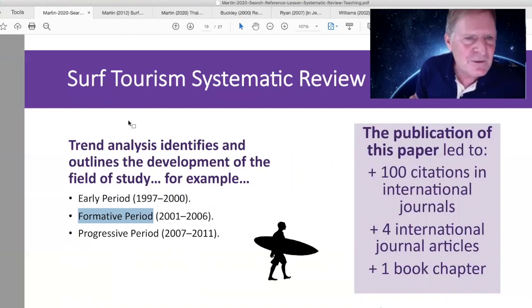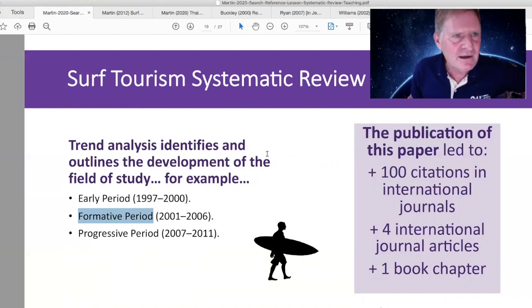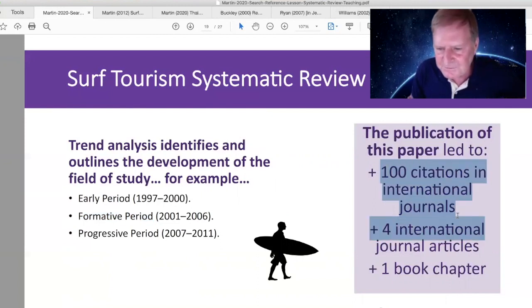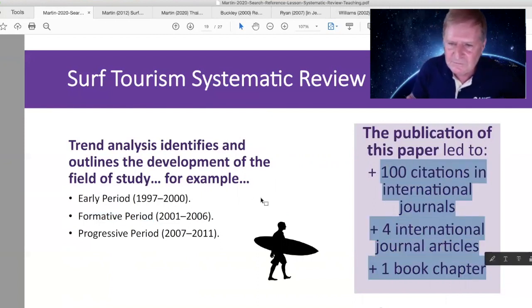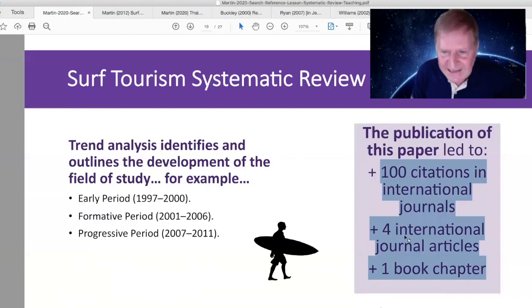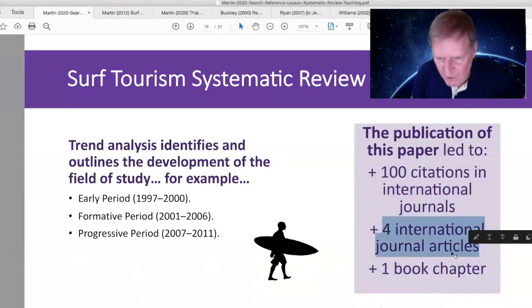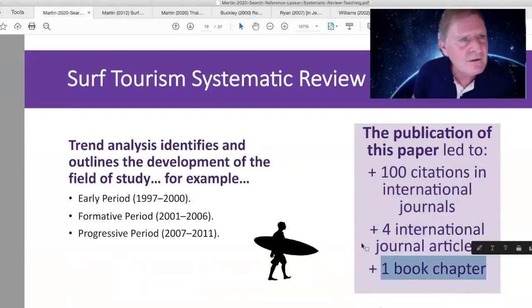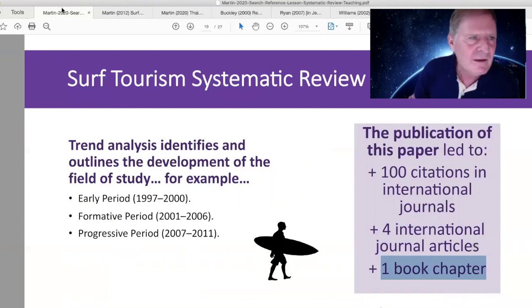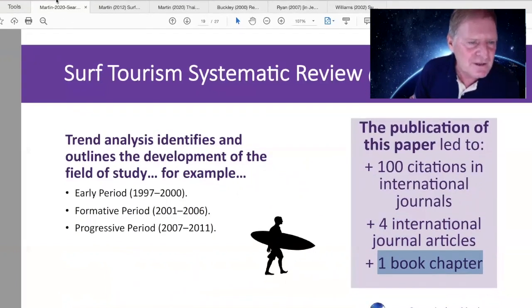This surf tourism paper has over 100 citations in ISI journals, which is pretty high. It led to my publishing 4 articles and 1 book chapter. It was an outcome of having worked hard and done a big systematic review.